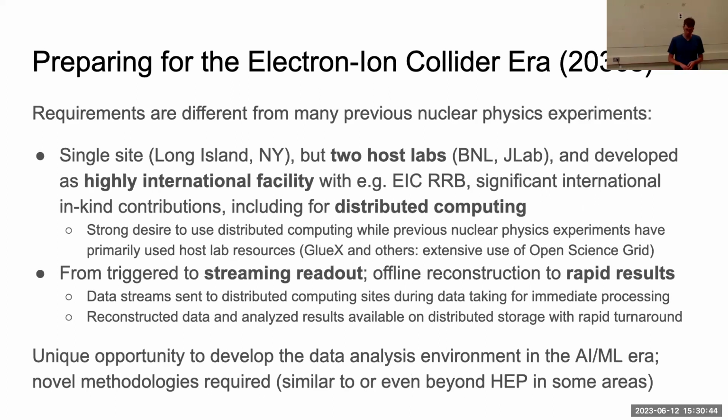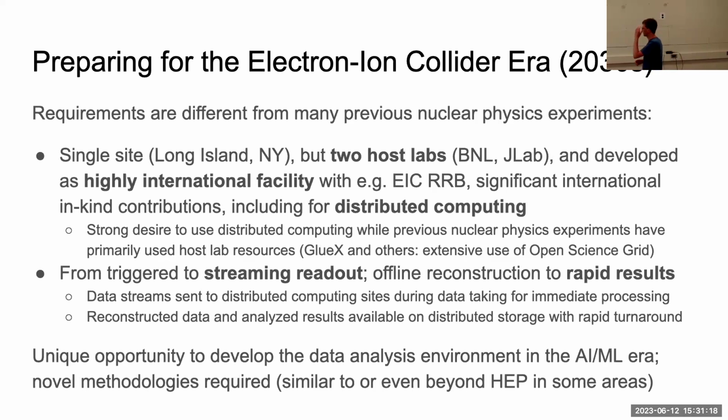Now back to the computing side, there's two host labs, BNL and Jefferson Lab. It's an international facility. There's going to be people and labs from around the world that are contributing. There's an EIC Resource Review Board, RRB, that's already working on integrating these international partners through distributed computing. So we want to be able to send computing jobs to those sites all around the world.